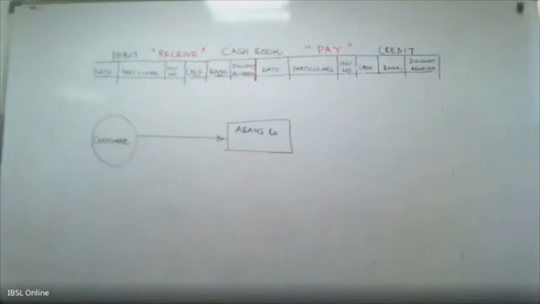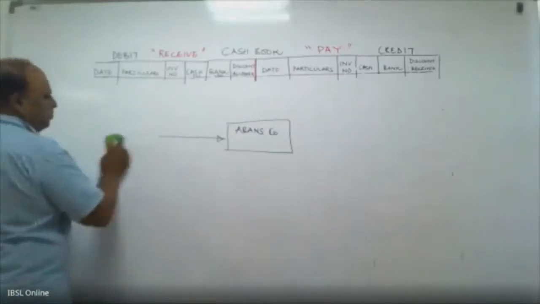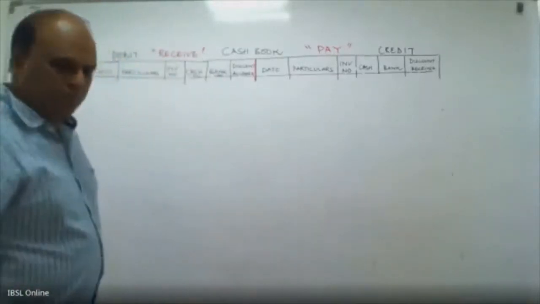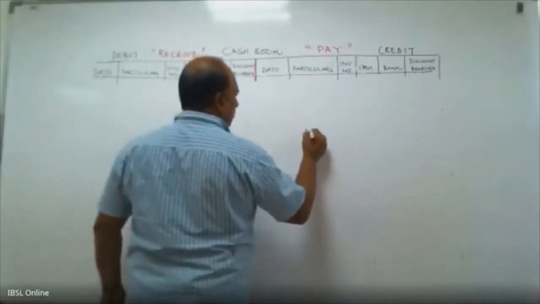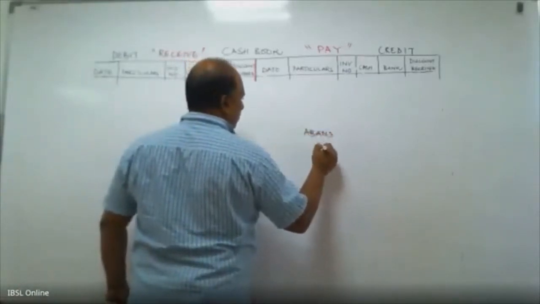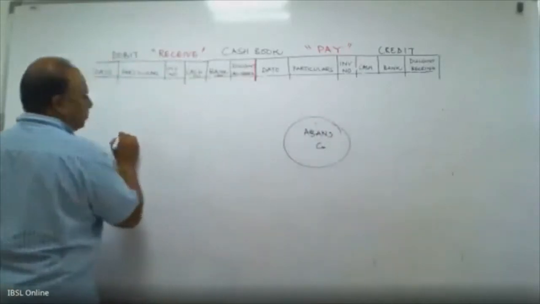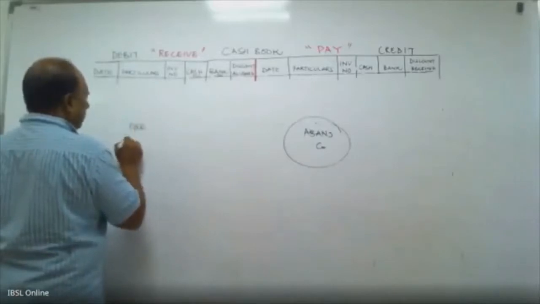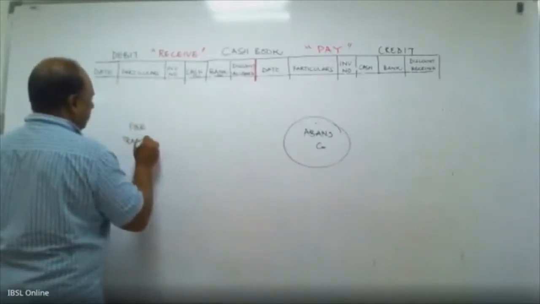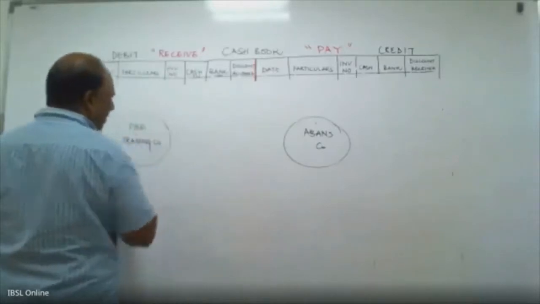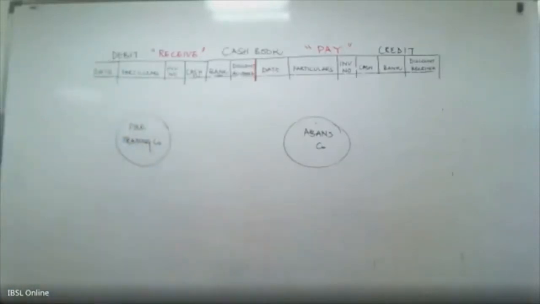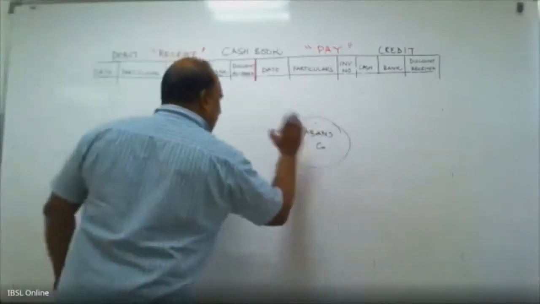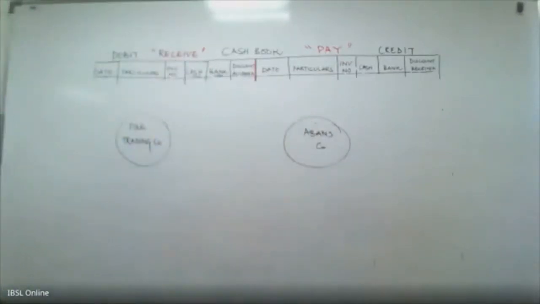You go and buy. I'll take one example so that I can explain both. So you have Avance, one of the biggest companies in Sri Lanka selling home appliances.